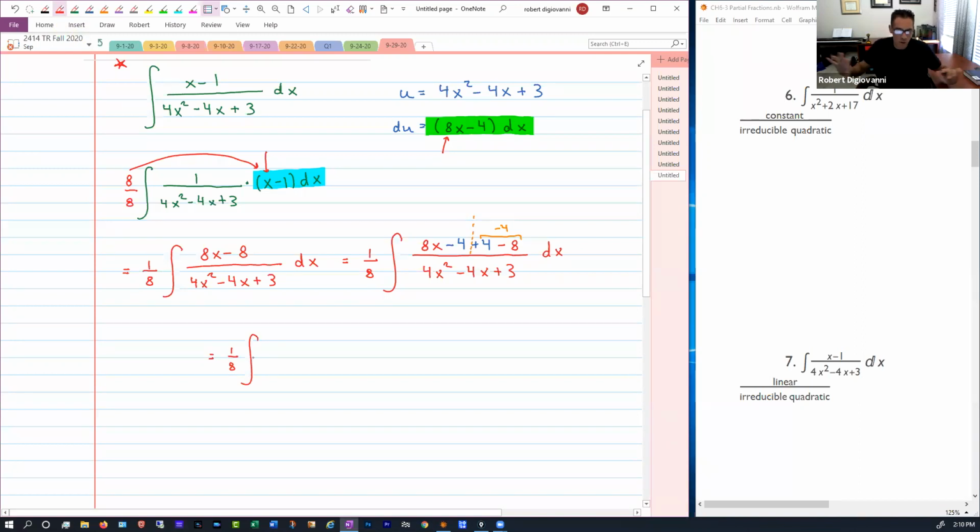Because I'm going to split this into 2 integrals. 8x minus 4, right? Over the denominator. And then I'm going to say plus 1/8 integral. And now the other numerator part, which was -4, over 4x squared minus 4x plus 3 dx.